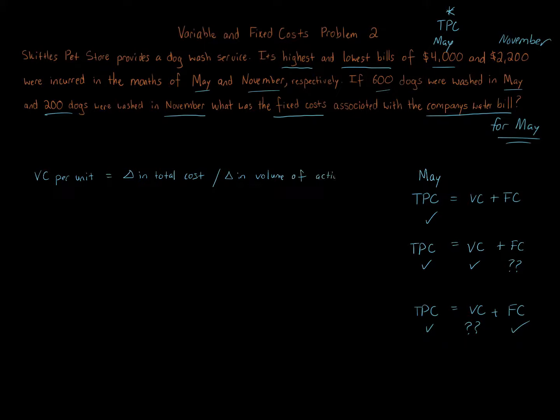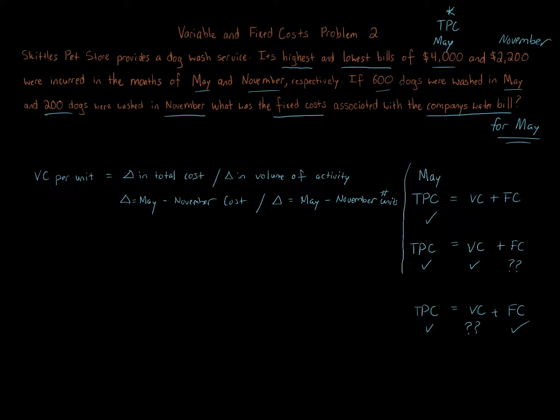If you can get two respective total costs and two numbers of units for two months, and you're looking at monthly amounts, you can figure out the variable cost and then solve for the fixed amount. Specifically, the change in cost will be May minus November cost, and the change in volume will be May minus November number of units.